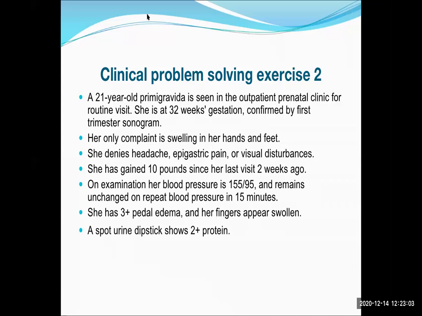Now let's talk about clinical problem solving exercise number 2. Let me go through this and you can solve it on your own after we give a proper description. This is like a summary of the whole topic. A 21-year-old prima gravida is seen in the outpatient prenatal clinic for a routine visit.